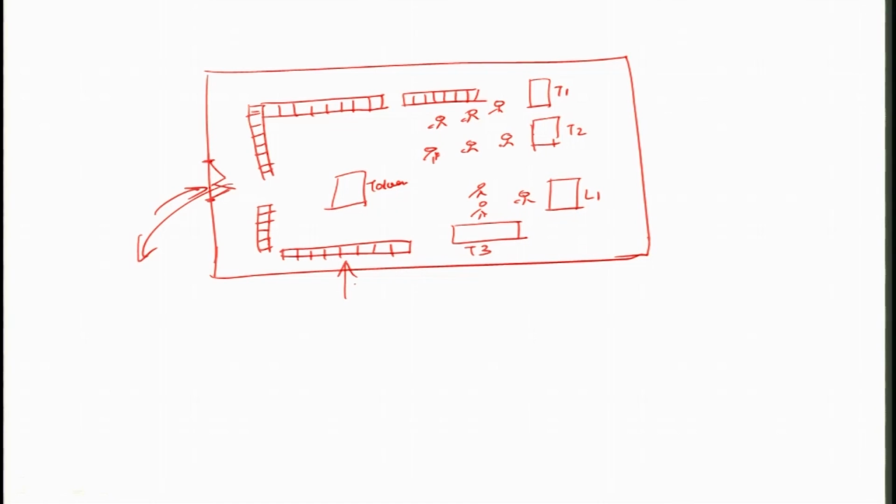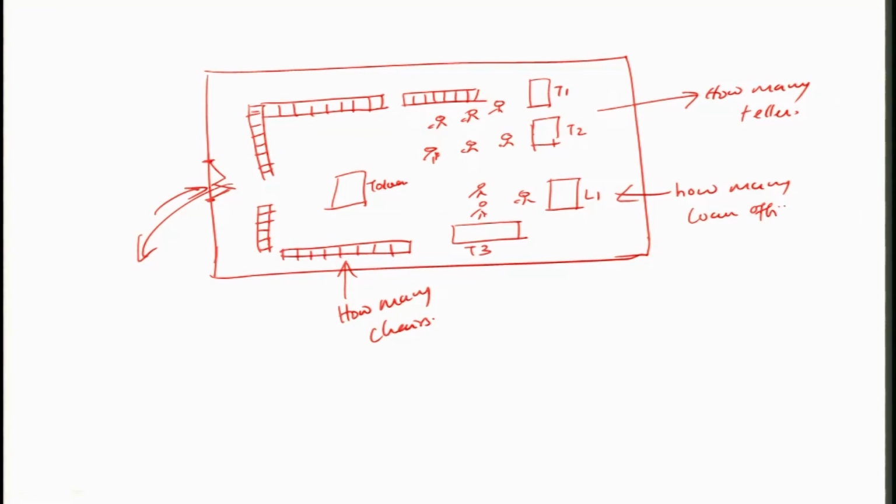In this case you can think about how many chairs are required, how many tellers, how many loan officers, all these things, okay. We can talk about the space required.